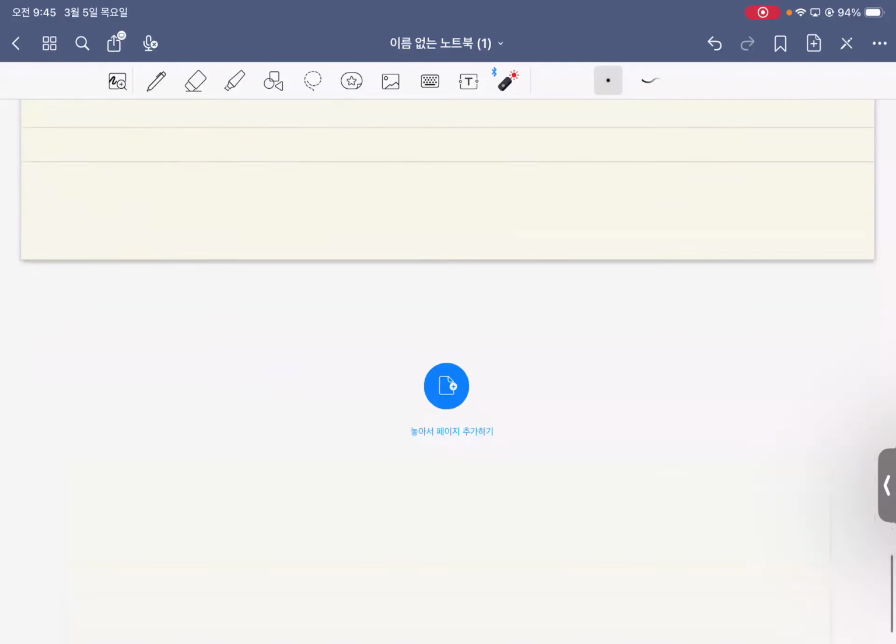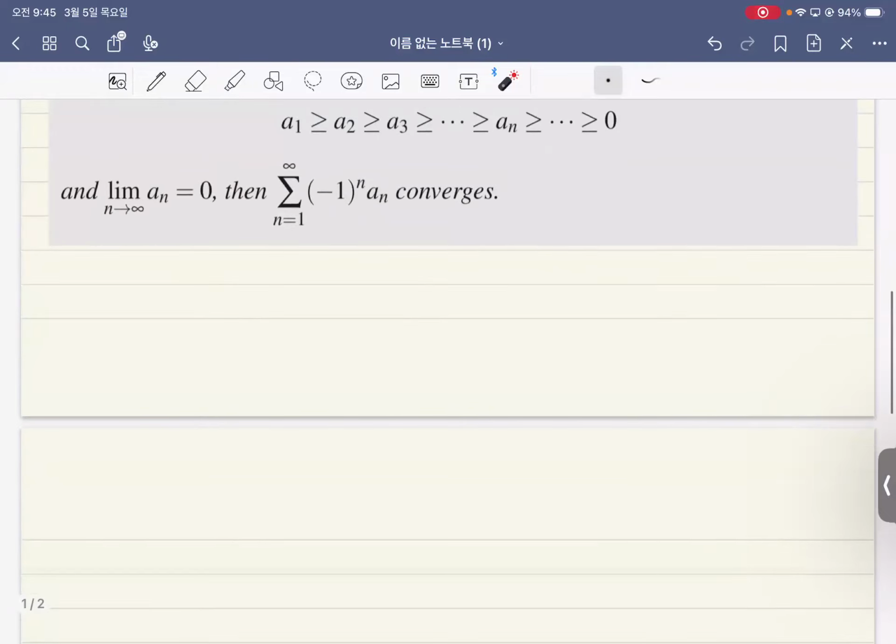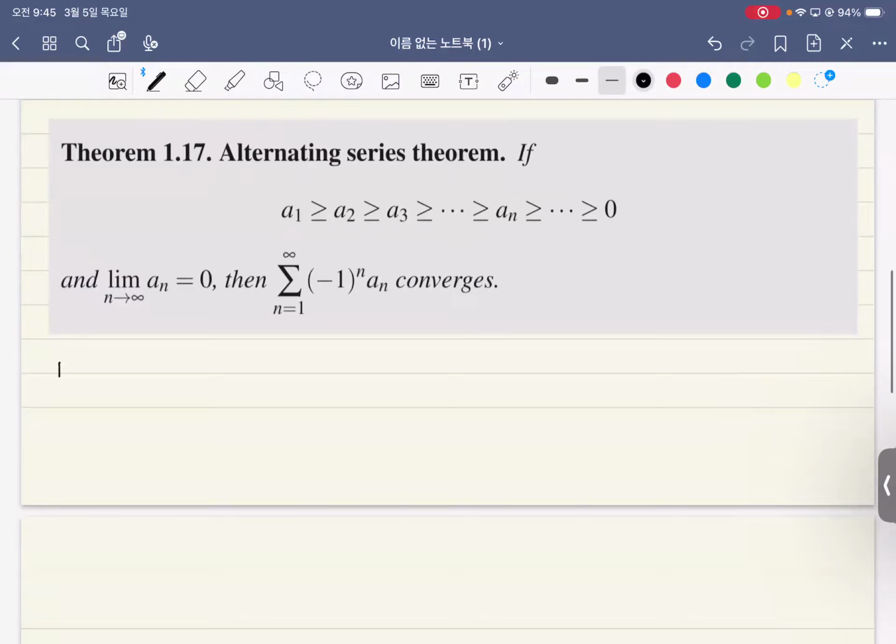Now I want to prove this. I want to consider the partial sum sequence from this infinite series: S_n equals the sum from j equals 1 to n of (-1)^j a_j.